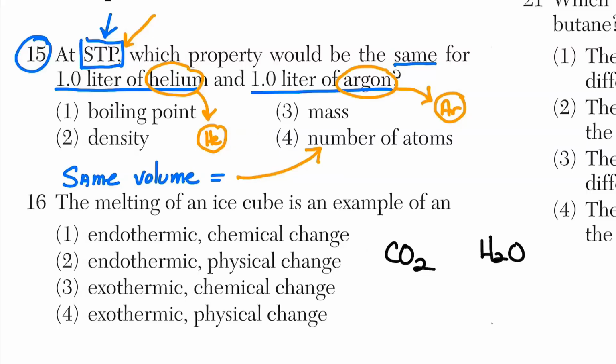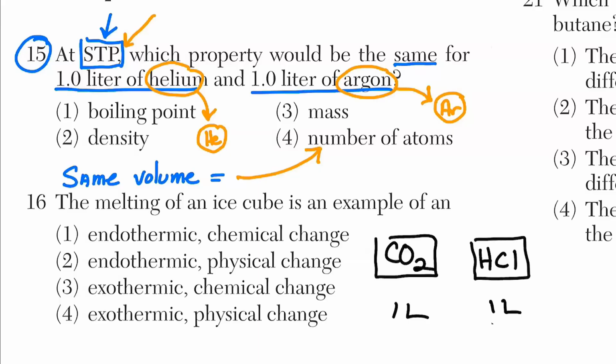How about if I do something else? How about if I do CO2 and HCl? These are both gases. Okay. Now, if they're both 1 liter, okay, and they're both the same conditions of temperature and pressure, they will not have the same atoms. You can see that for every 1 particle, there are 3 atoms here, and this particle, there's 2 atoms. And I'm counting capital letters for different elements. Okay, so careful with that.